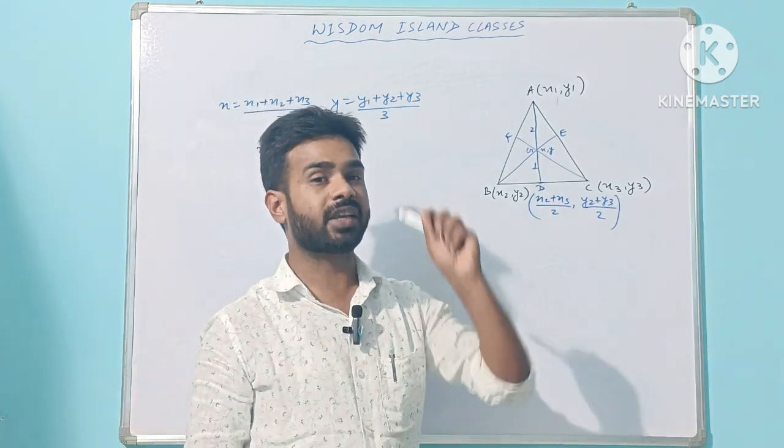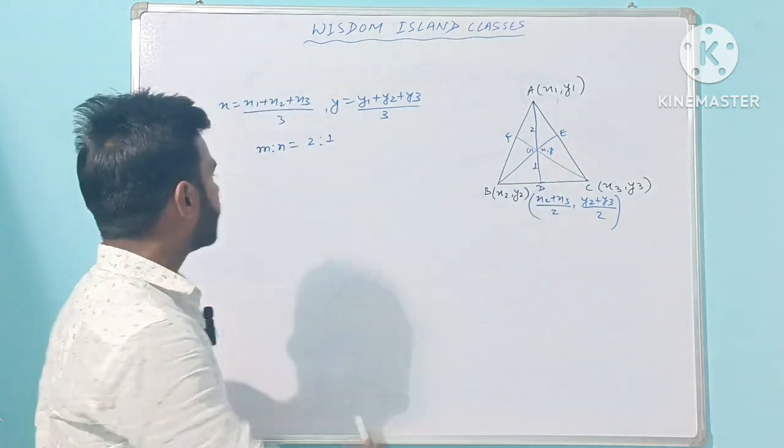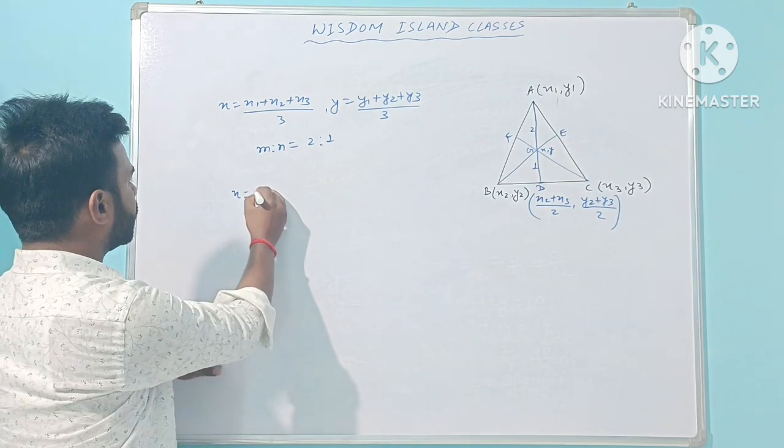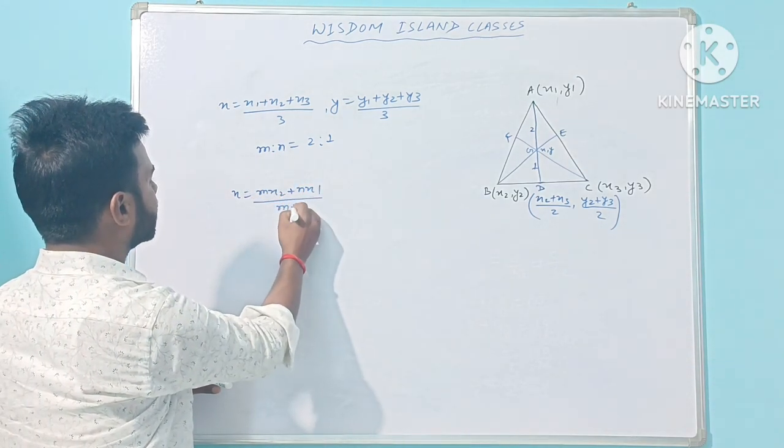So now we will use the section formula to find out the coordinates of G. By section formula we know that x is equal to mx2 plus nx1 by m plus n.